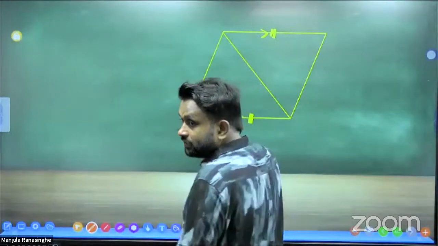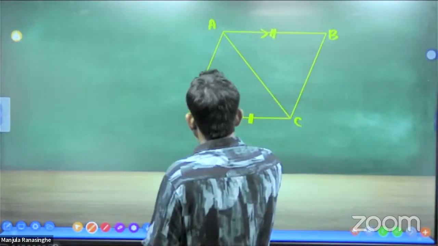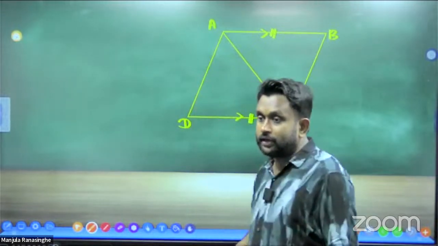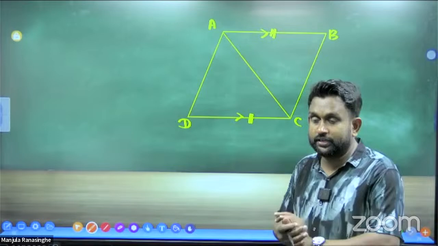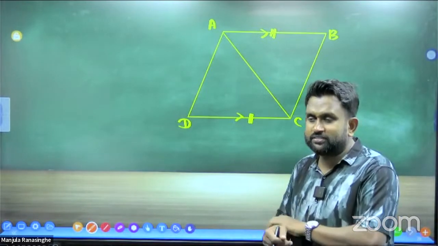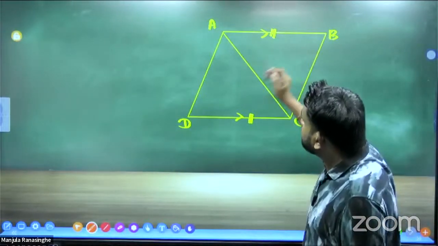So they are saying that this is ABCD. Now check here. In the figure given, AB is parallel to CD and AB equals CD. Show that triangles ABC and ACD are congruent.